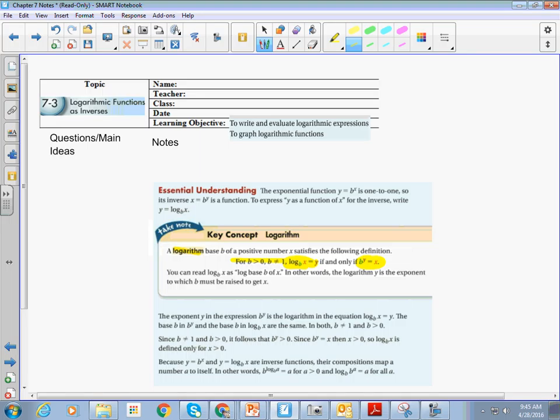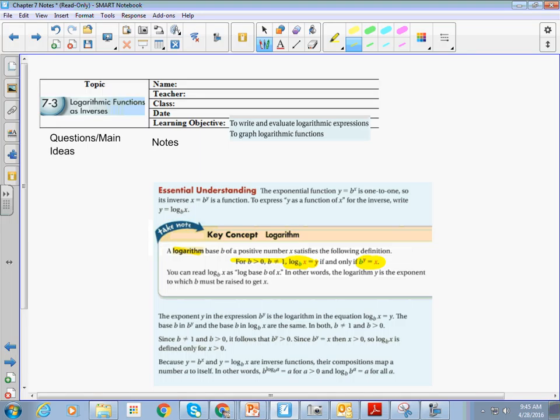So the logarithm y is the exponent to which b must be raised to get x. The exponent y in the expression b to the y is the logarithm in the equation log base b of x equals y. The base b in b to the y and the base b in log b of x are the same.